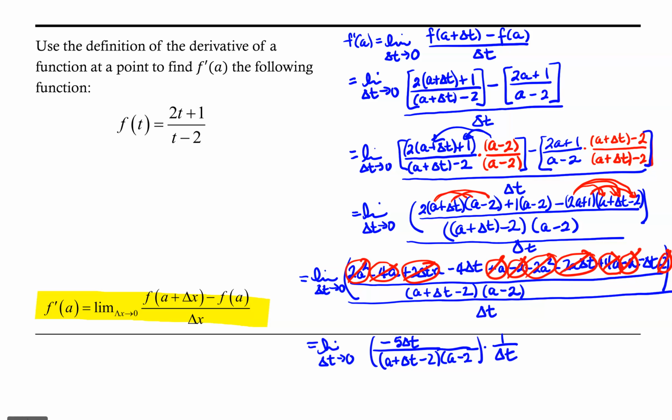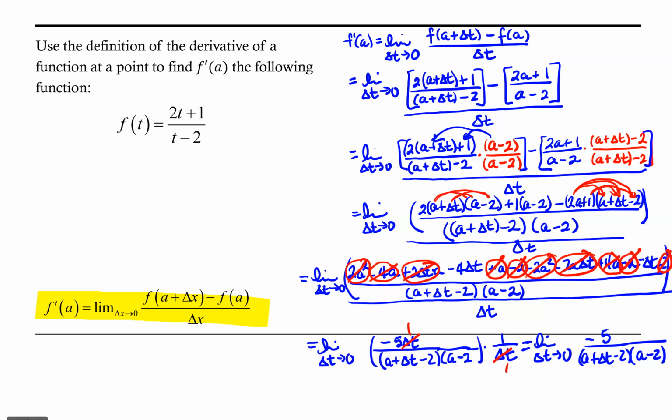I'm just finding it more convenient to write it that way. And now notice that we have multiplication and a common factor of delta t in the numerator and denominator. So those will divide out, leaving me with the limit as delta t approaches 0 of negative 5 over a plus delta t minus 2 times a minus 2.